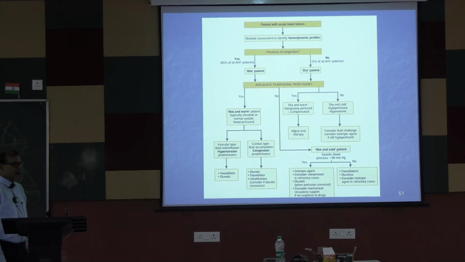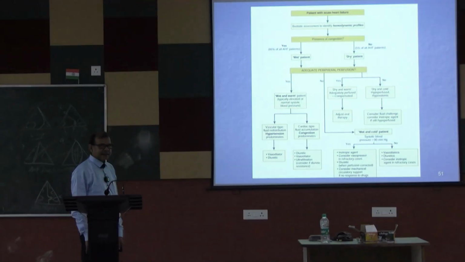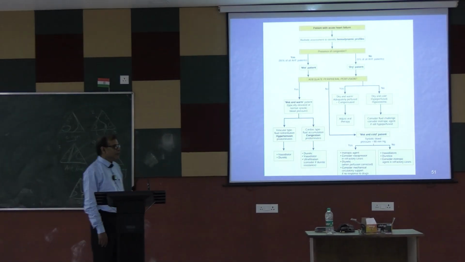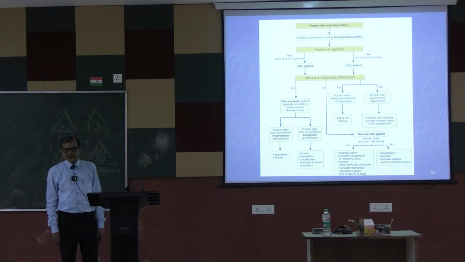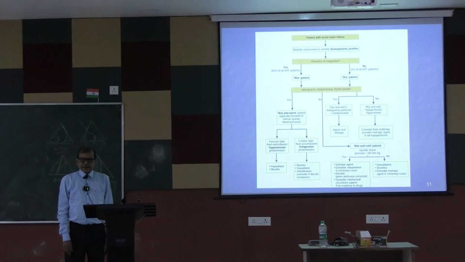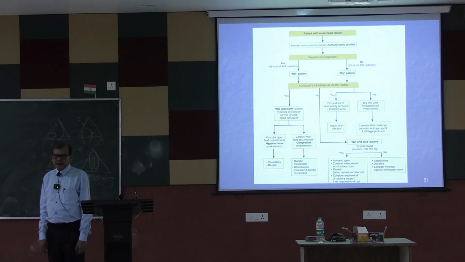Then go for assessment of the pattern of fluid redistribution or accumulation. The pattern of fluid retention, redistribution or accumulation can again be subcategorized into two. One, vascular type of fluid redistribution with normotension or hypertension.